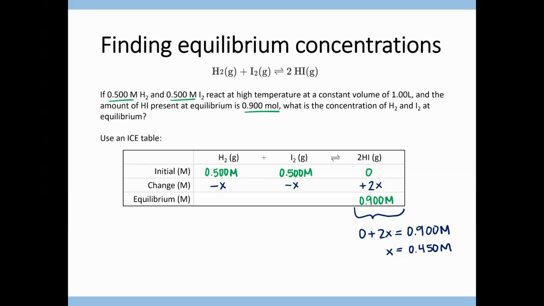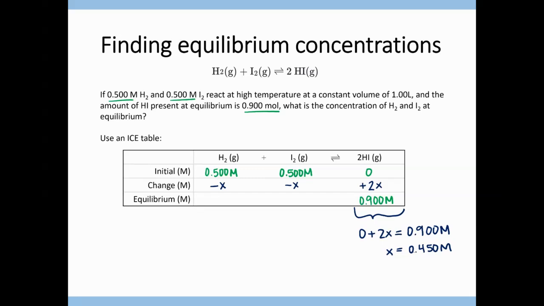Now that we have the value of X, this variable that describes the change in amounts for reactants and products, we can use that to find equilibrium concentrations of H2 and I2.